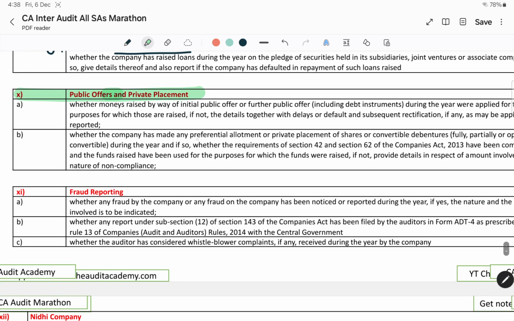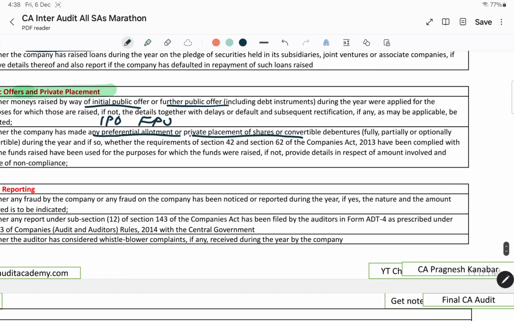Whether the company has made any preferential allotment or a private placement of the shares or a convertible debenture, IPO and FPO, in that public offer and initial public offer.